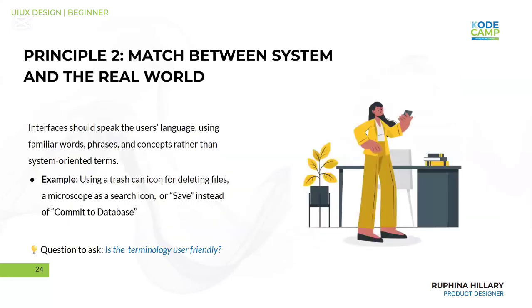The second is that there should be a match between the system and the real world. The interface should speak the user's language, using familiar words, phrases and concepts rather than system-oriented terms. Examples are as simple as using a trash can icon for deleting files, a microscope as a search icon, or "save" instead of "commit to database."